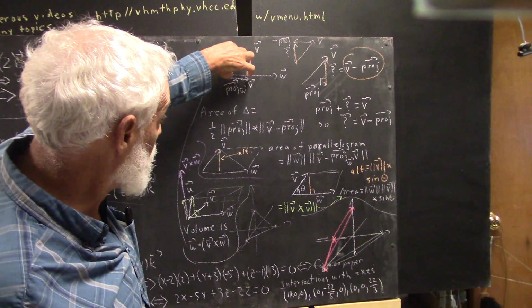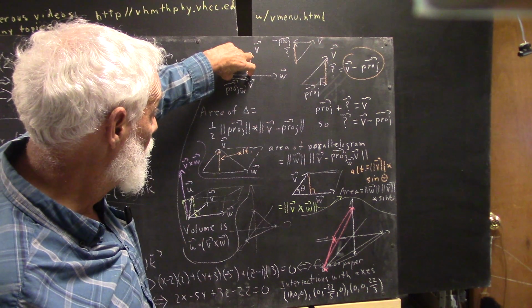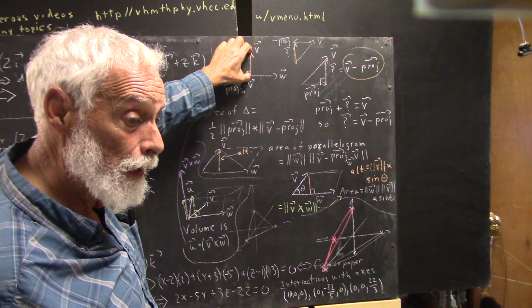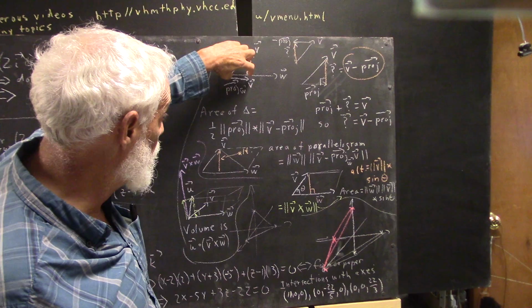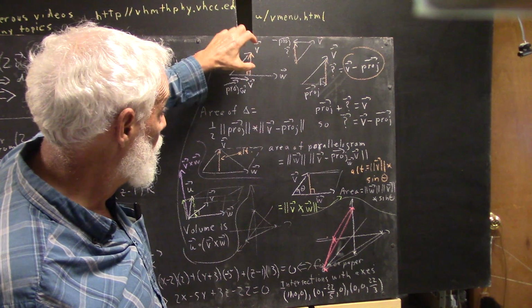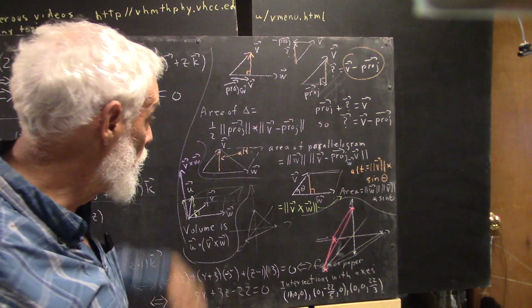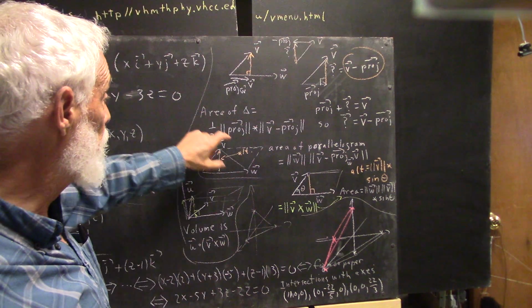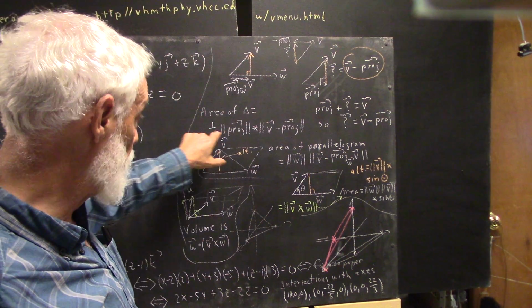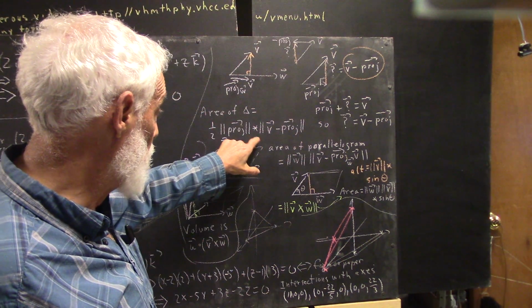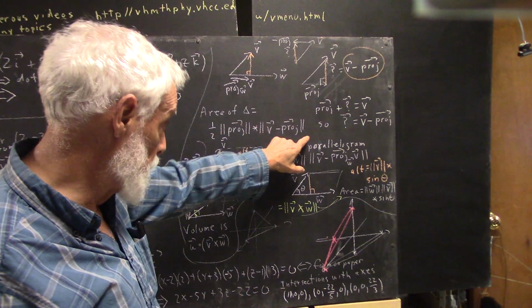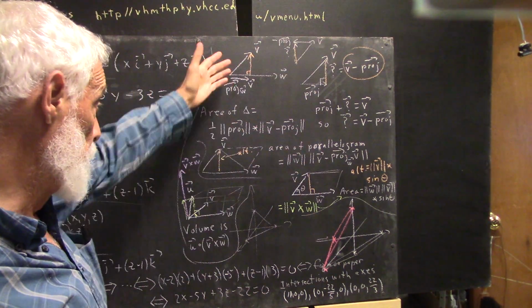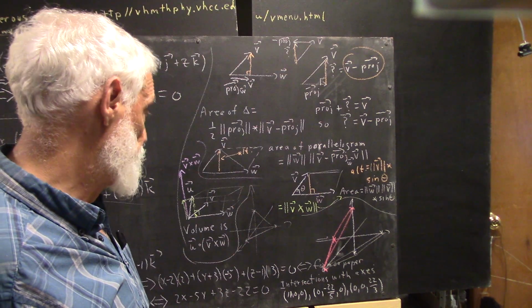Well, if you take the projection vector to be the base, then this is the altitude, and we take half of the magnitude of this, multiplied by the magnitude of this, and we have the area. So that's half of the magnitude of the projection vector, that's half the base, multiplied by the magnitude of this vector, which is the altitude. There's the area of our triangle.